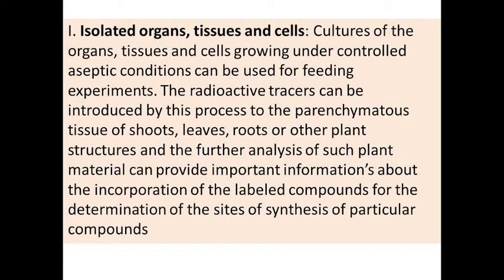The radioactive tracer may be a carbon compound, or nitrogen or hydrogen, and the different isotopes are selected and introduced into the parenchymatous cell or tissue of shoot, leaves, root or any other plant structure, and that radioactive tracer is now labeled. It is a labeled compound.